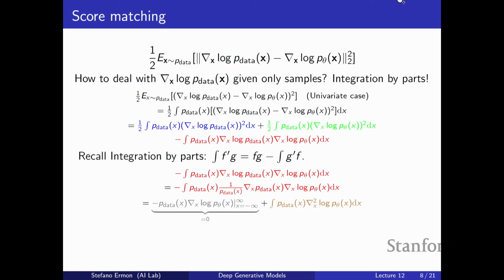It's a density, so there cannot be too much probability mass at the boundaries. And if you're willing to make that assumption, this simplifies into something that no longer depends on the score of the data density. It only depends on things we can manage. It's still an expectation with respect to the data density, but it no longer involves the score.